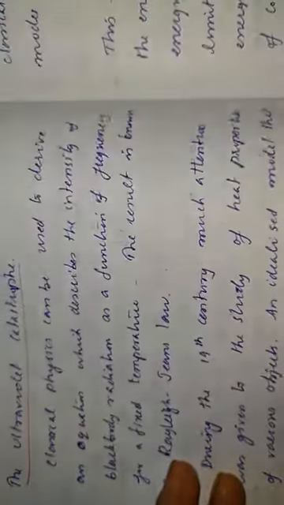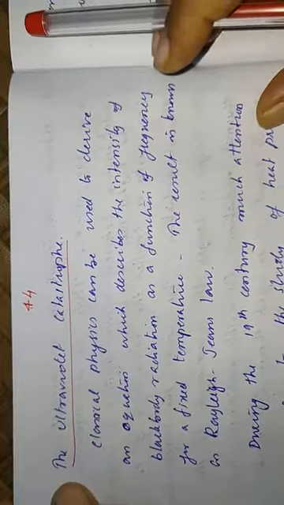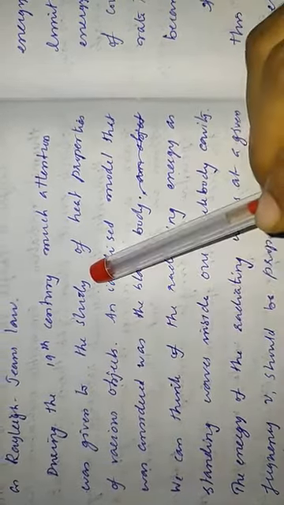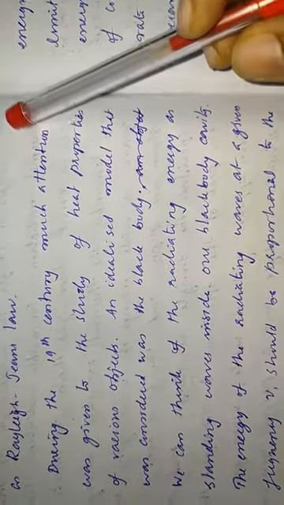Now, associated with this, we have to discuss one more term, that is the ultraviolet catastrophe. During the 19th century, much attention was given to the study of heat properties of various objects.